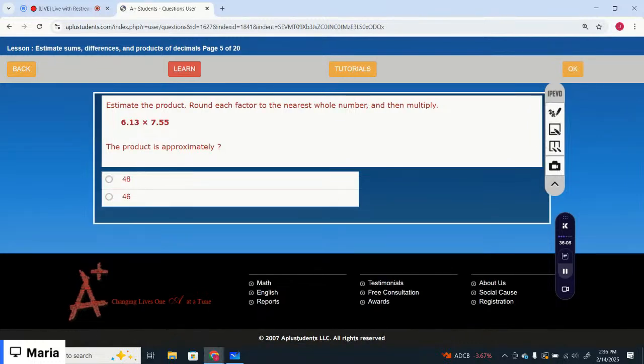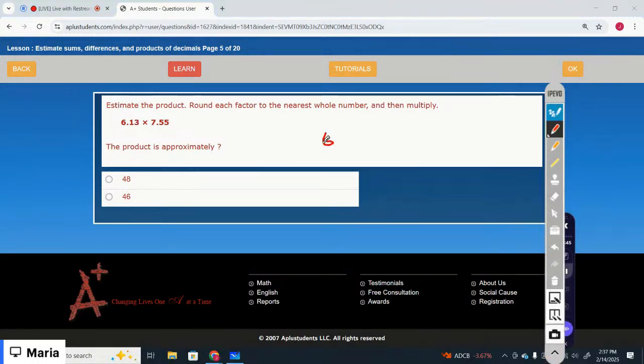6.13 times 7.55. 6.13 is rounded off to 6 and 7.55 is rounded off to 8.